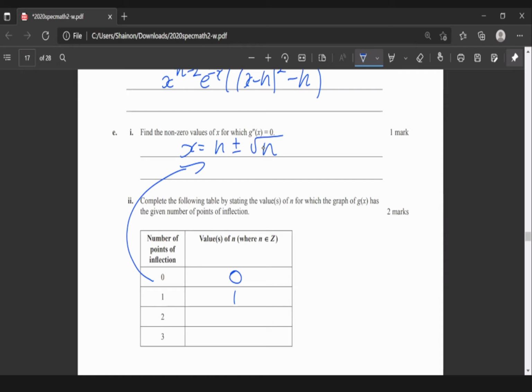And if you want 2 points of inflection, n has to be even, and if you want 3, it has to be odd. So n greater than or equal to 2, greater than or equal to 3.